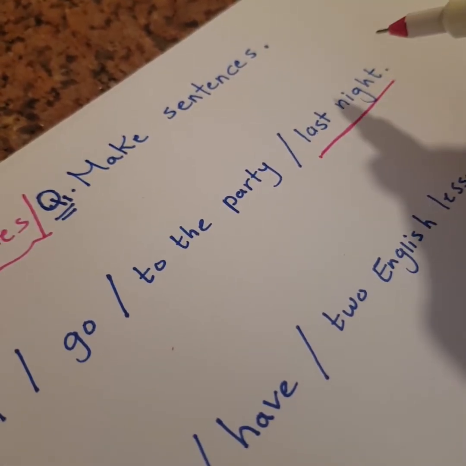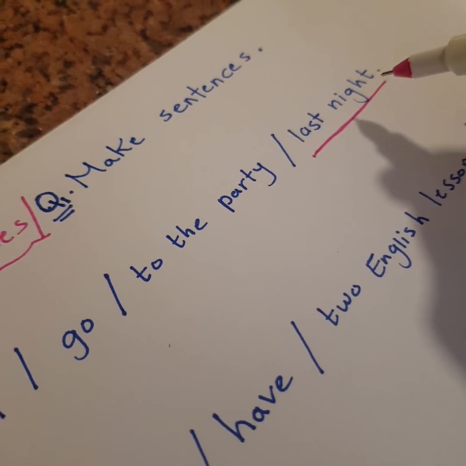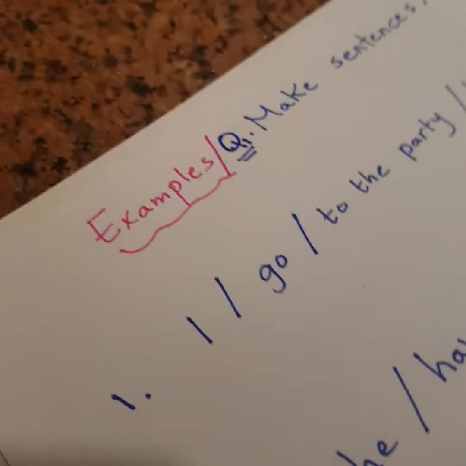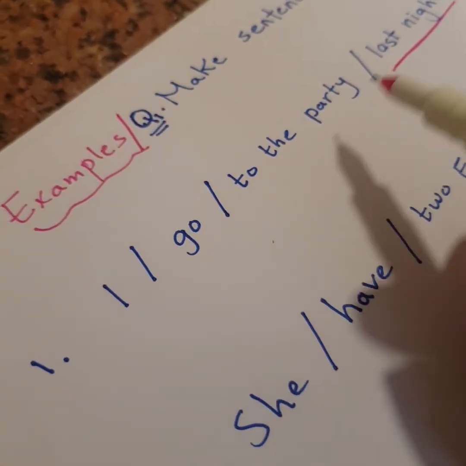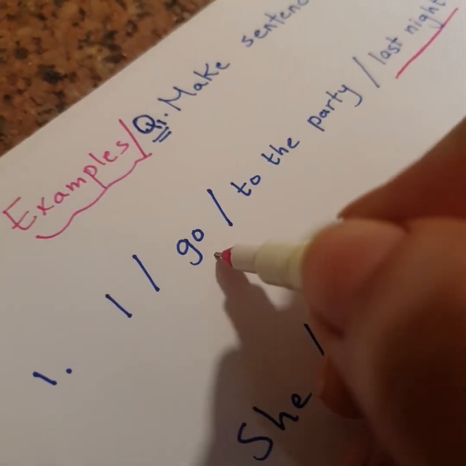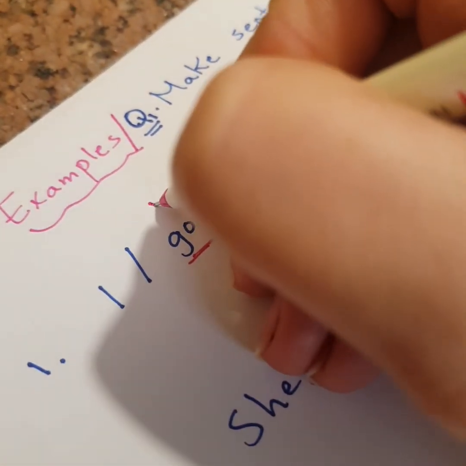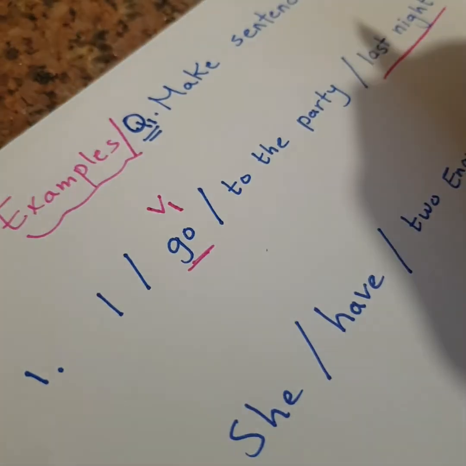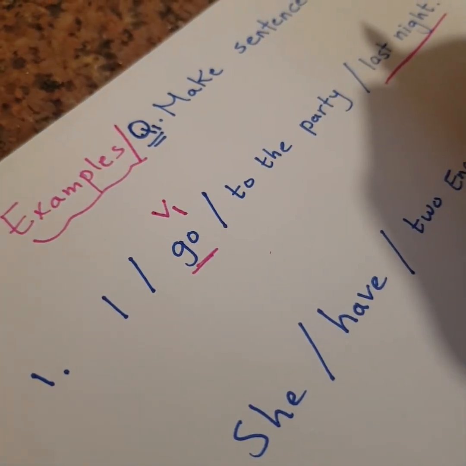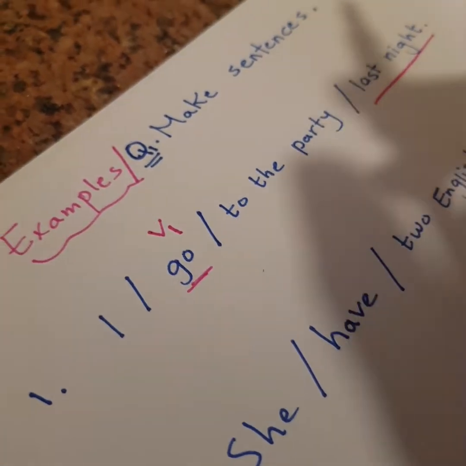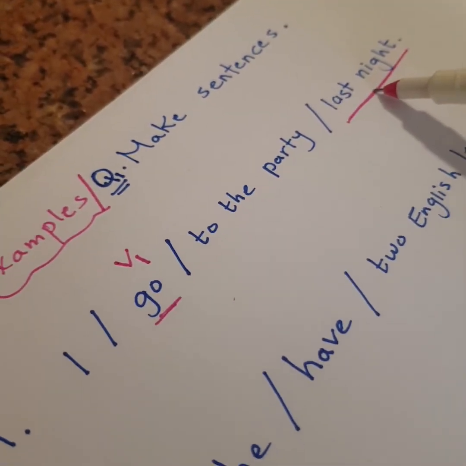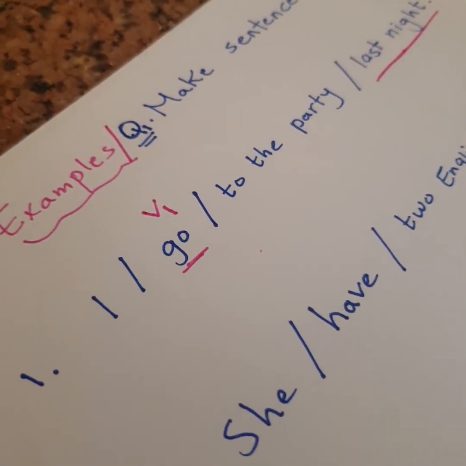Last night tells us that the action happened in the past. And we have I go to the party. So we have the verb go, it's in verb one. So we have to use verb two because we have last night. So what do I say?